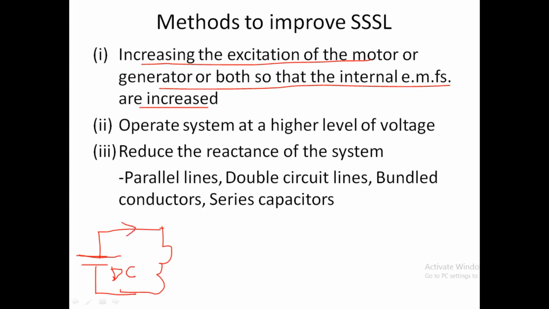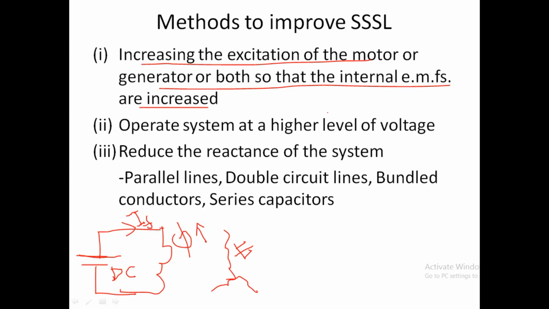Then more field current flows here and more flux is produced. Whenever flux is more, more EMF will be induced across the stator terminals. When the induced EMF is increased, it increases P, the steady state stability limit.